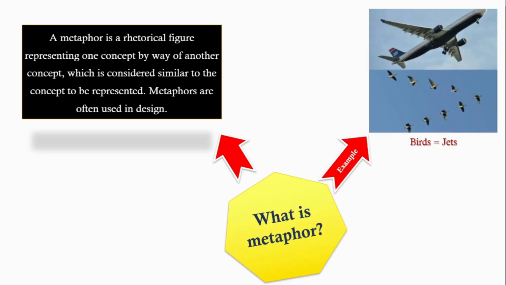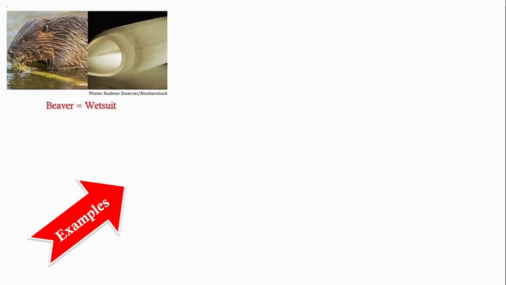So here, what is happening, metaphors are often used in design. We are using various metaphors in design, and we are going to see the examples now. One by one we will see the various examples, like how we are using metaphors in our daily design practices. Okay, so here you can see the concept of the wetsuit, right?